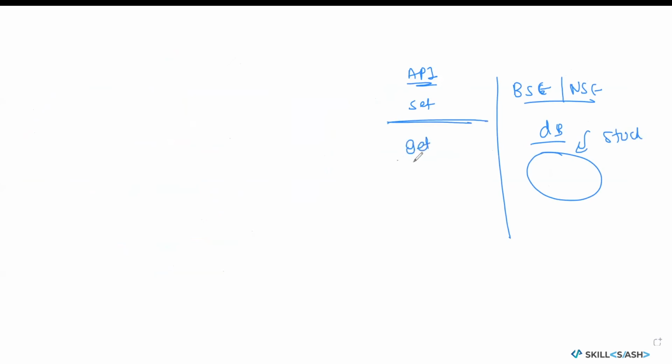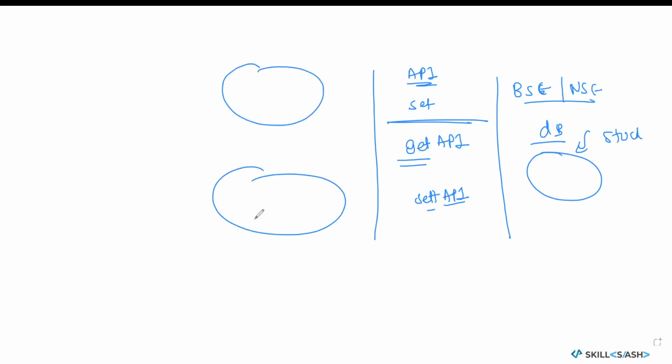So you have created getter APIs and setter APIs, which will call the methods in such a way that they change the objects over here. Now you are creating two jars out of it, or let's say if you're using the .NET framework, you might be using NuGet packages. Am I clear?